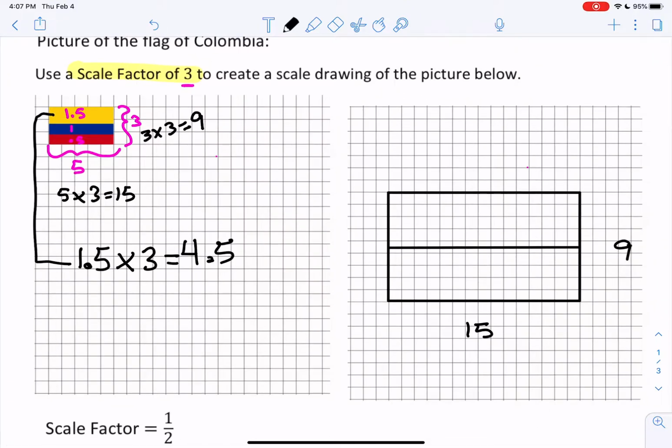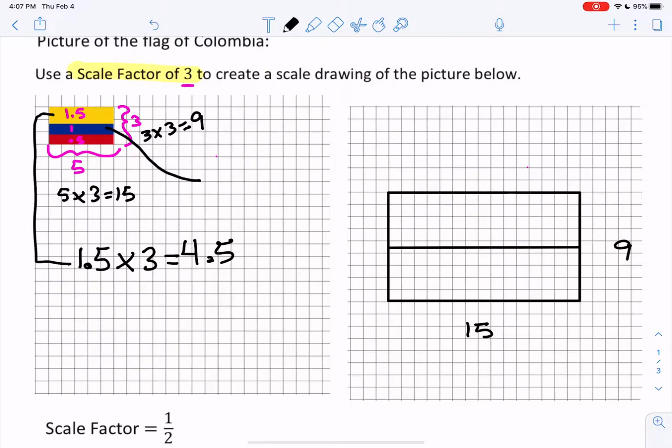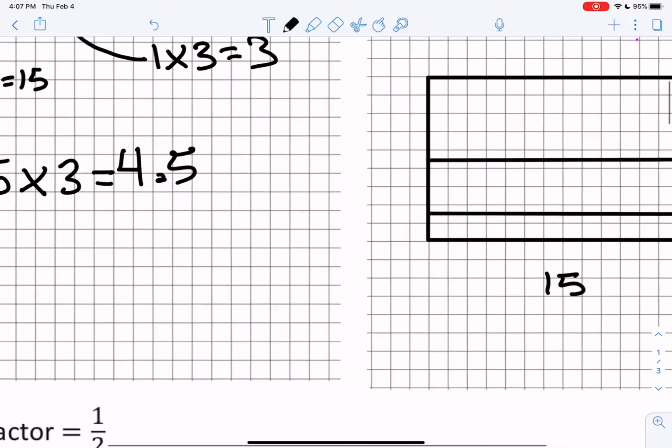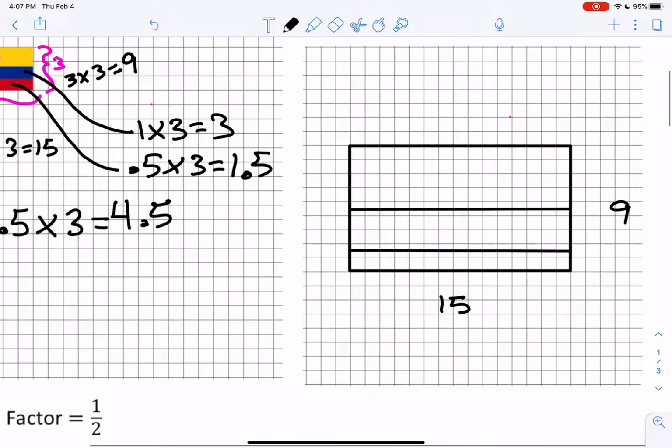For the blue, if it was 1, then the blue would now be 1 times 3, which equals 3. So I'm going to look at my boxes. I have a half already, plus 2 more, plus another half. So my line's going to be about here. And for the red, if it was 0.5 or a half, then it would be 0.5 times 3, and 0.5 times 3 is 1.5, which if you look at our new flag, the line is already there and it's at the 1.5 mark.